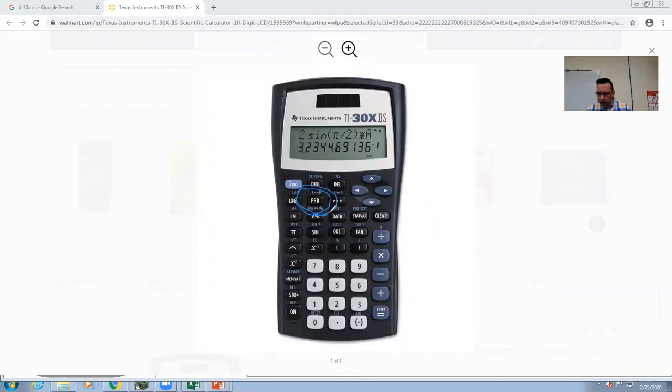This is the calculator that I use. So you press that PRB button, and then I think what it does is it just gives you 3 options along the top, and factorial is one of them. So you hit the number that you want to factorial, like 5, and then press PRB, and then just scroll over to wherever the factorial is.